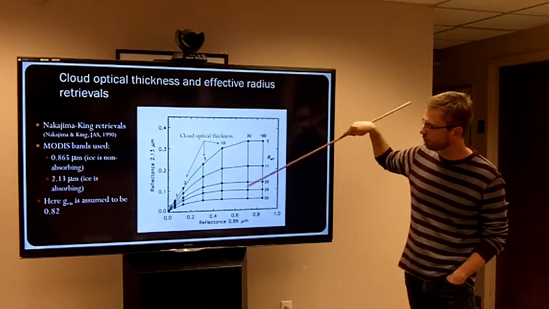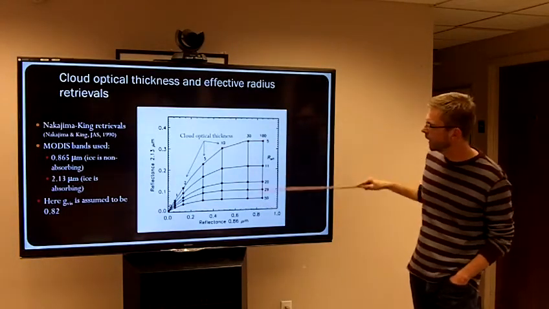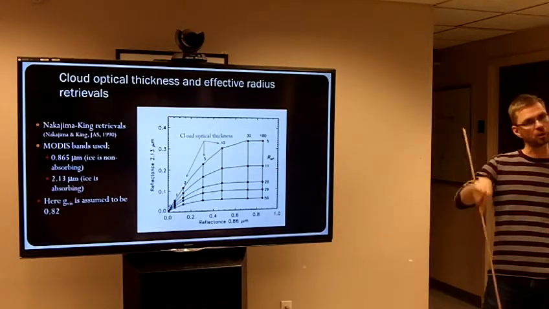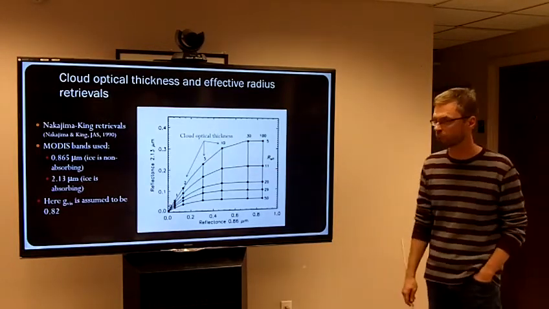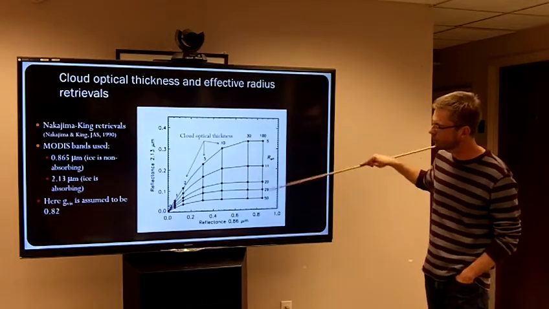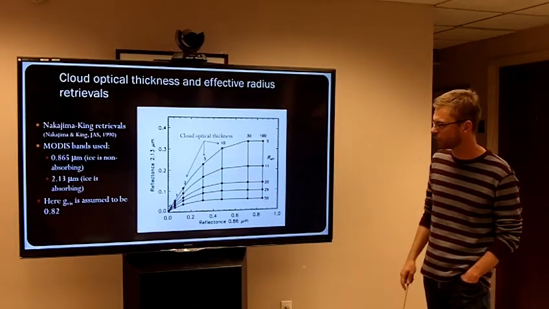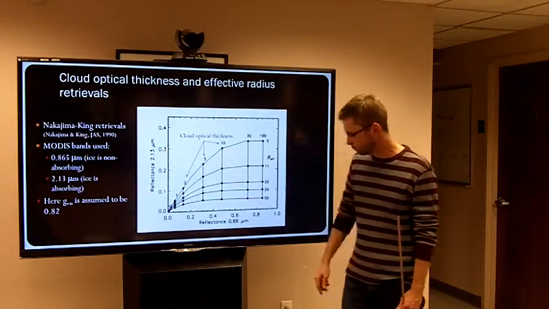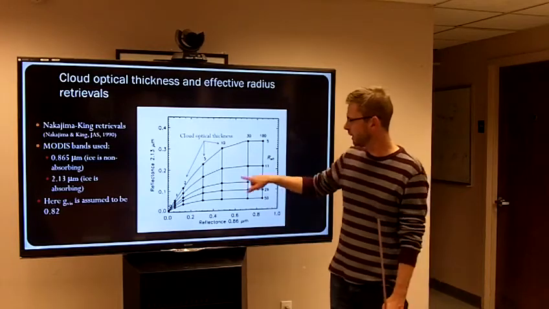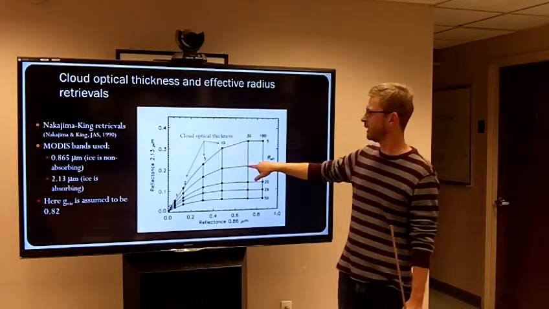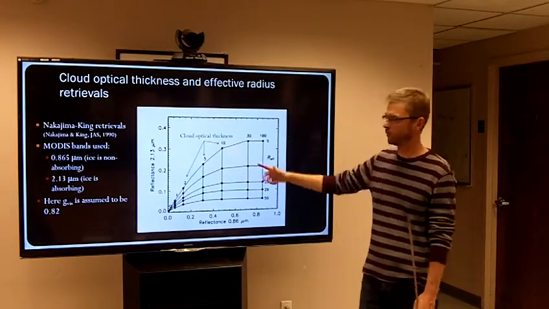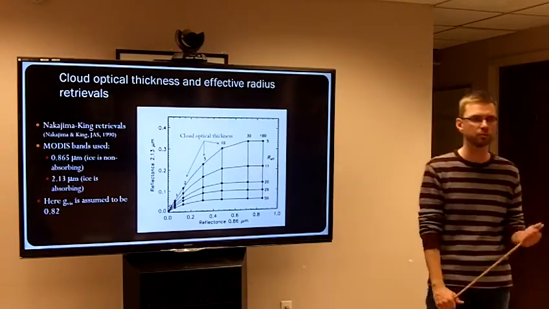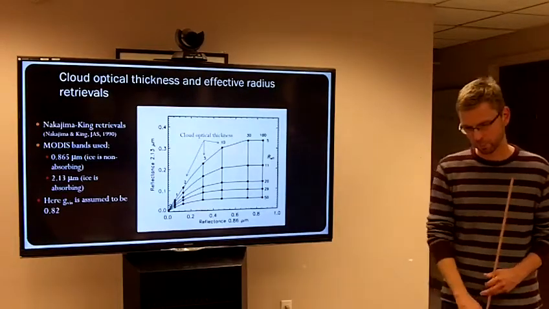So you can deduce the optical thickness from that, and then from the shortwave, where it depends on the optical thickness but also on the effective radius, you can deduce the effective radius. So if you have a measurement in the shortwave and in the visible, and you're right here, then your optical thickness is 30 and your effective radius is 11. So you can read off your retrieval from these simple diagrams.